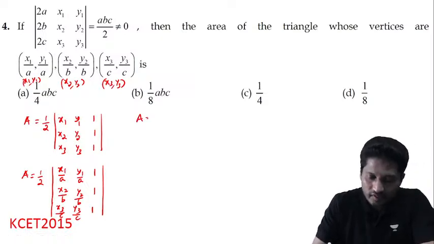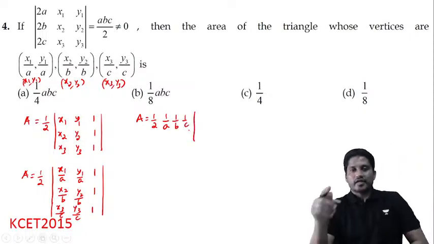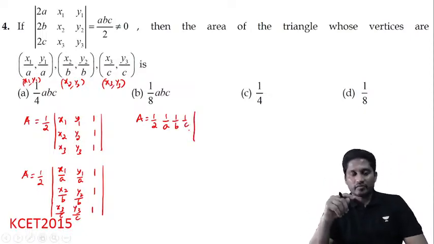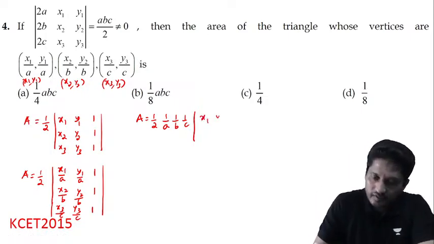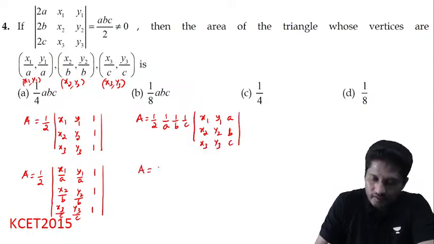Right, now area is equal to half of, I'm going to take 1 by a out, 1 by b out, and 1 by c out. The first row you take 1 by a out, second row you take 1 by b out, third row you take 1 by c out. This becomes x1 y1 a, x2 y2 b, x3 y3 c. Area is equal to 1 by 2abc.